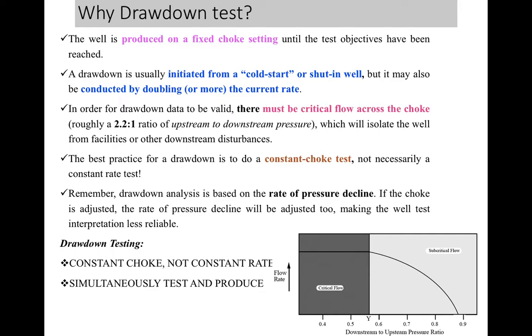And that particular constant flow rate is what we actually need for this drawdown testing, right? So we always need to fix the choke setting in order to obtain the constant flow rate, which is the necessity in the case of drawdown testing. It is also called single flow rate testing.